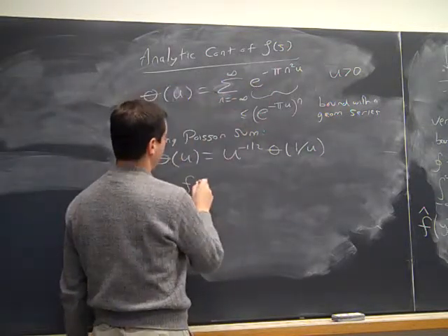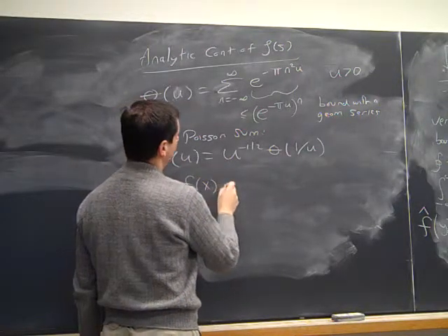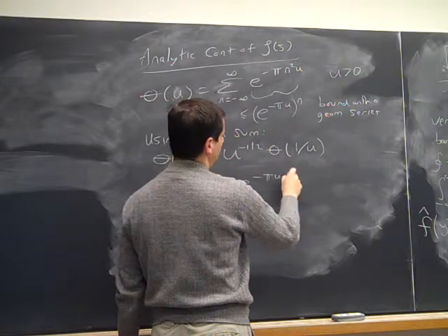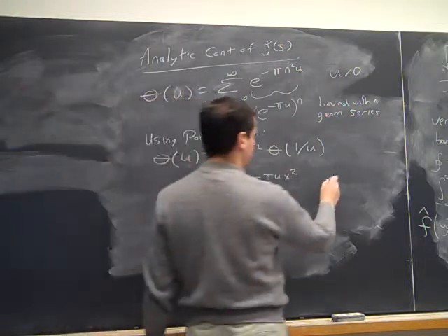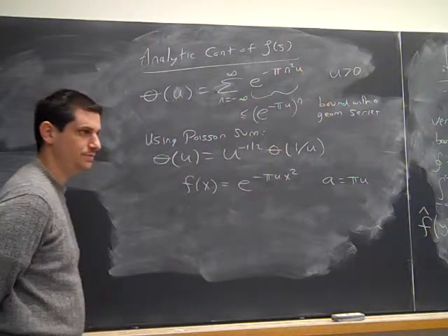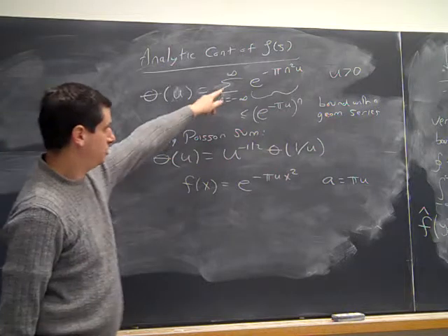I take f of x to be e to the negative pi u x squared, so we're taking a to be pi times u in what we did before. Now when I sum f of n, that's going to be this sum.